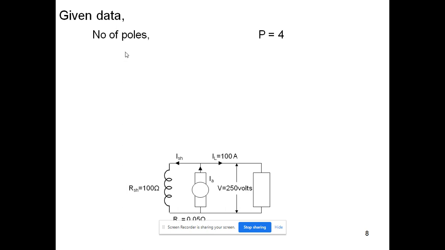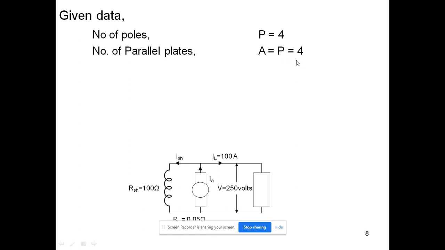In the given data, this shunt generator has 4 poles. Since this is the lap winding, the number of parallel paths will always be equal to the number of poles, that is, A is equal to P, which is equal to 4. Already I have said in the previous equation, for a lap winding, the number of parallel paths is equal to the number of poles.